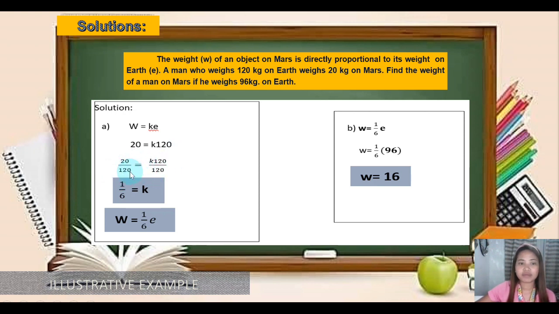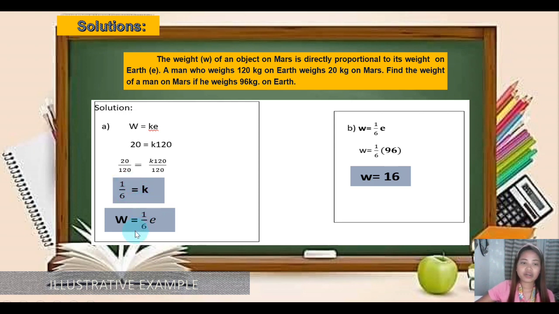So 20 divided by 120 is equal to K times 120 over 120. Since these are not perfect numbers, all you have to do is find the factors that can divide both the numerator and denominator. Our factor here is 20. So 20 divided by 20 is 1 and 120 divided by 20 is 6. Therefore, our variation constant is 1 over 6.